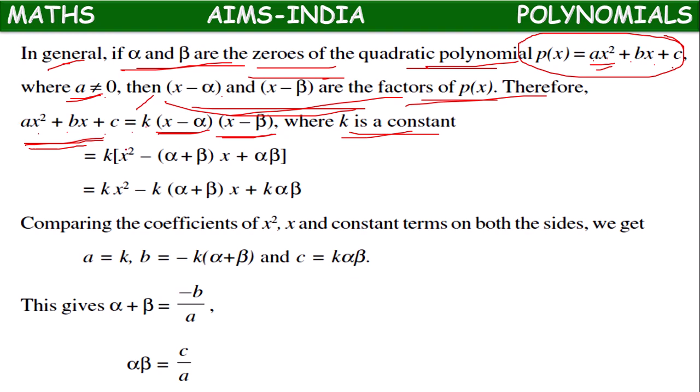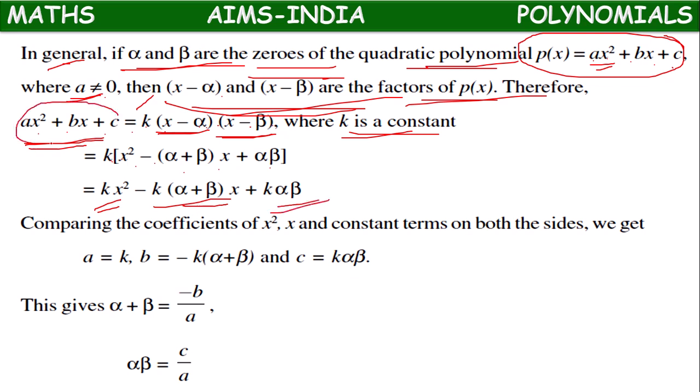So k, we will keep it outside. k into x square minus alpha plus beta x plus alpha beta, or kx square minus k into alpha plus beta x plus k alpha beta.